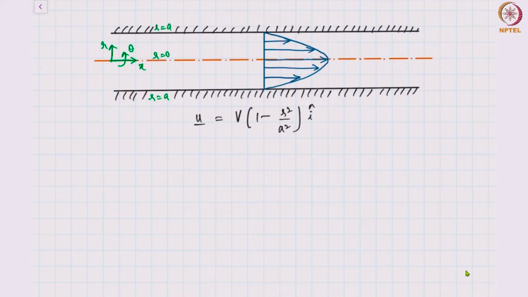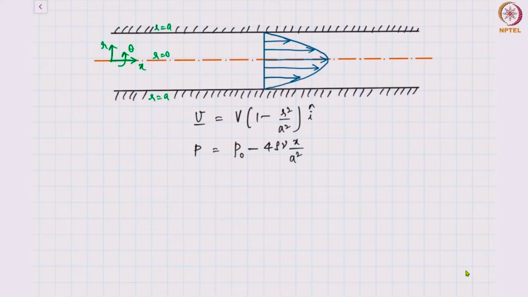And I can also write down the pressure p. Let's call the velocity with capital U. It will become clear why. The pressure p will be some p naught minus 4 rho nu U x by a squared.